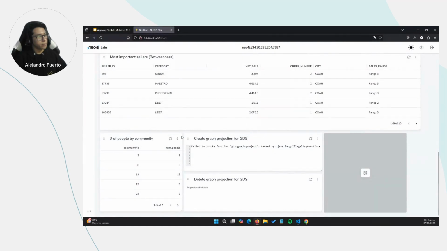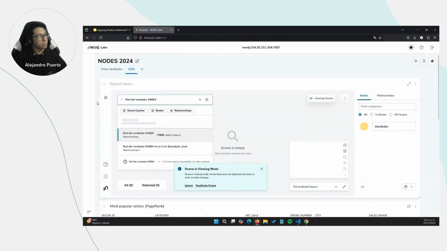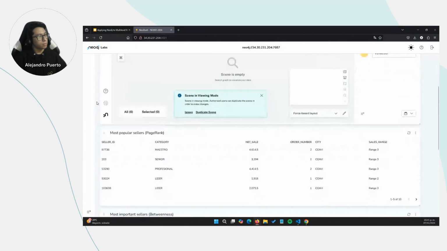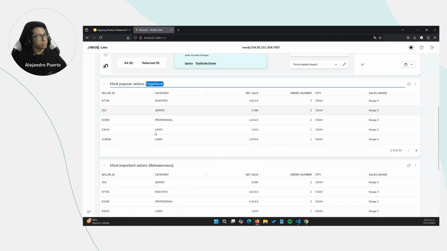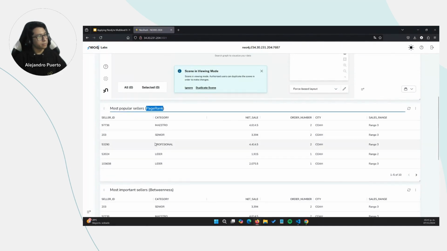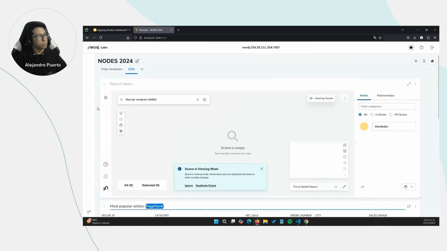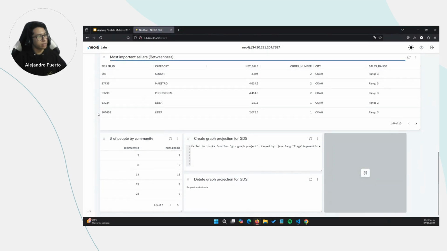We have used an example of some data science algorithms such as PageRank to know what are the most popular sellers in the network of the current seller, and also betweenness centrality to look at what are the most important sellers in the network.